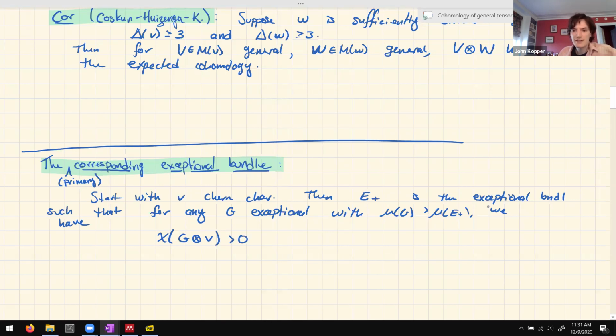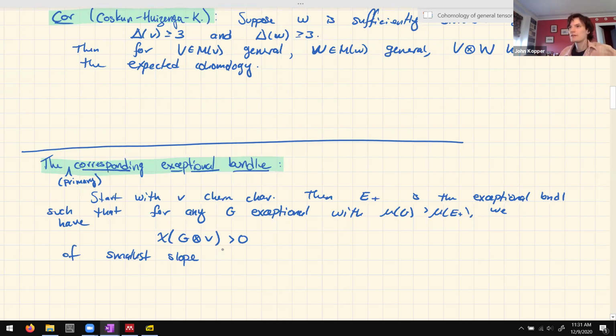So E plus is the exceptional bundle with this property of smallest slope. Among all the exceptional bundles that have the property that when I take something of higher slope, I get positive Euler characteristic, E plus is the one with the smallest such slope. So it's the smallest slope exceptional bundle like this.